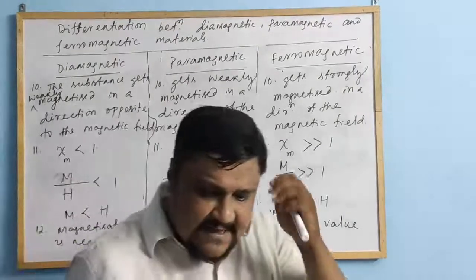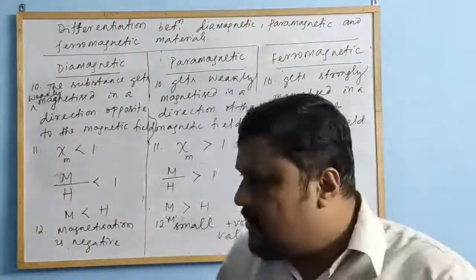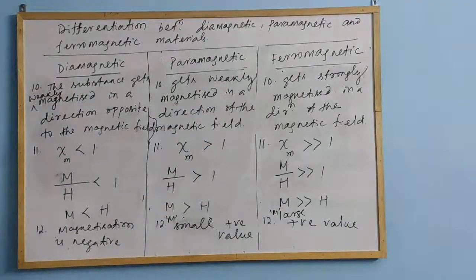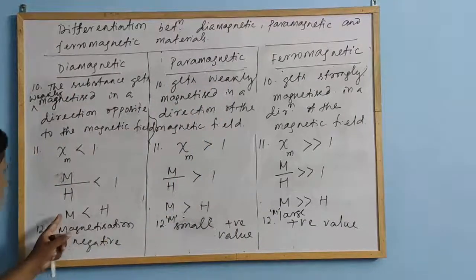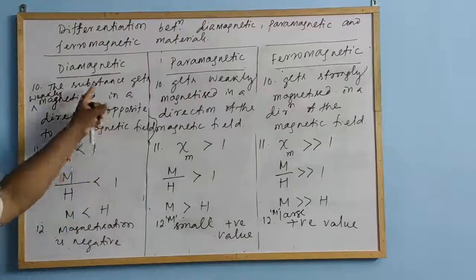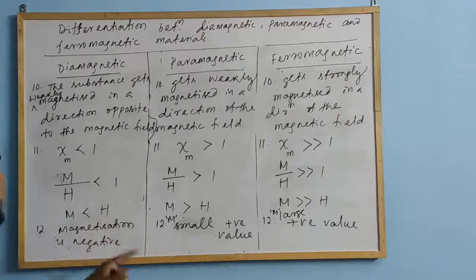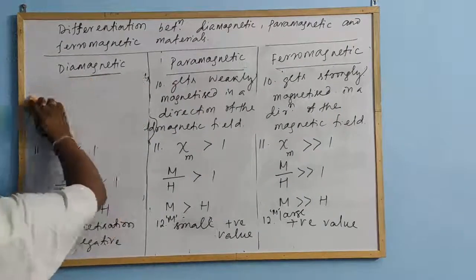And the most important one is what we have read about Curie law. From that Curie law, we will differentiate dia, para, and ferro. Another thing you remember: if it is asked to plot a graph between M and H for dia, para, and ferro, what does the graph show? Let me draw the graph also.